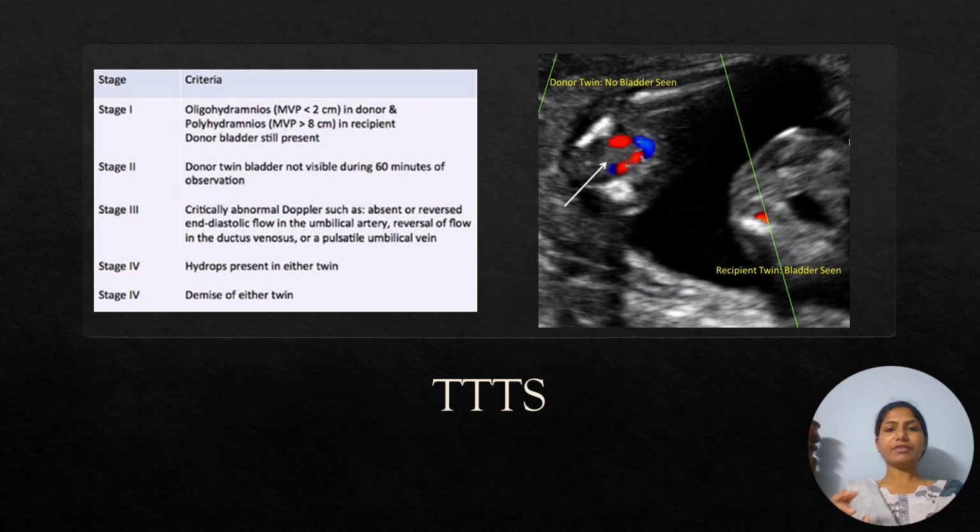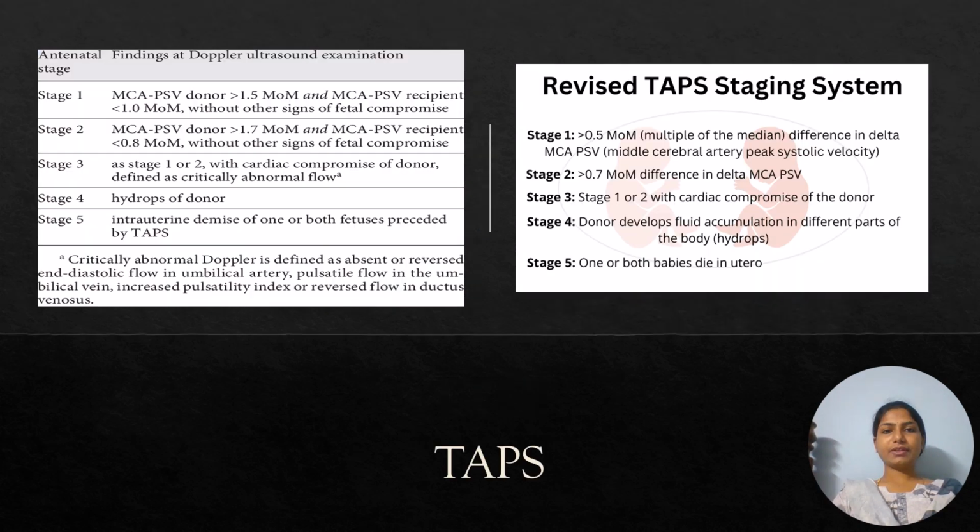So either of the two we can do based on the period of gestation, and we have to go for an individual approach if it is more than 26 weeks of gestation. So this is, in brief, about TTTS.